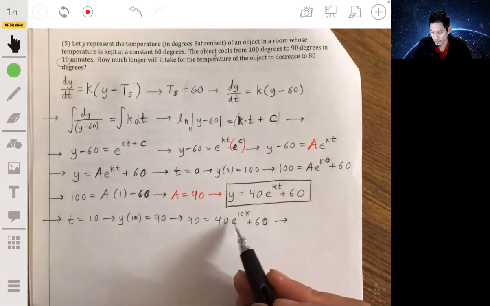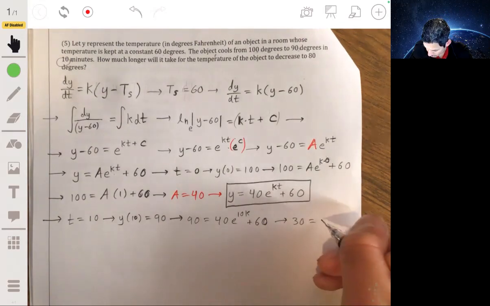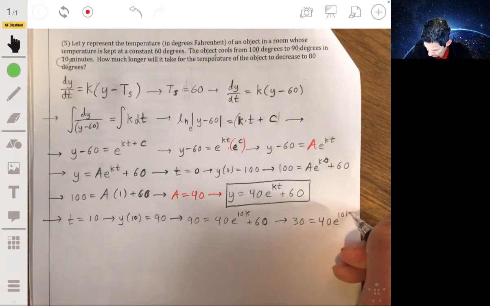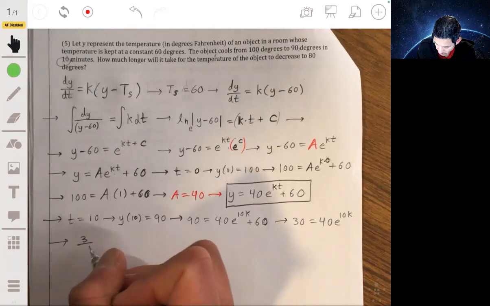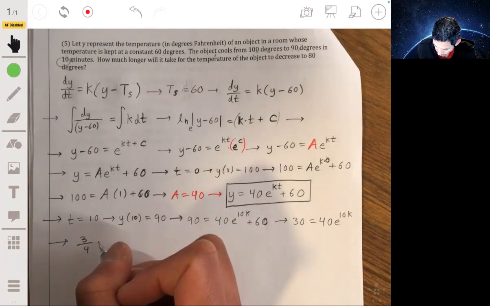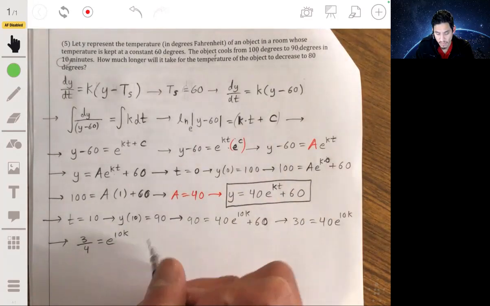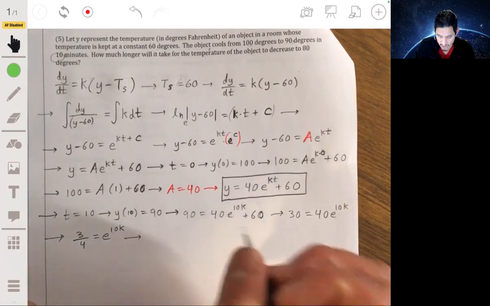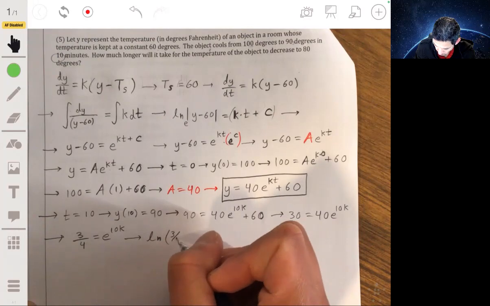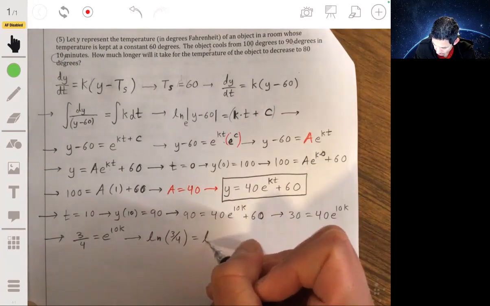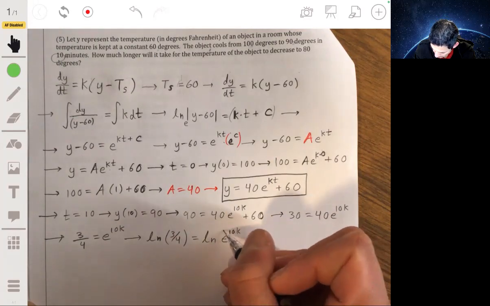I'm going to solve for this. I'm going to subtract 60 from both sides. So I'll get 30 equals 40e to the 10k. Divide by 40, and I'll get 3/4 equals e to the 10k. And then take the logarithm of both sides. I'm going to take the natural logarithm of 3/4, and that'll be equal to the natural log of e to the 10k.